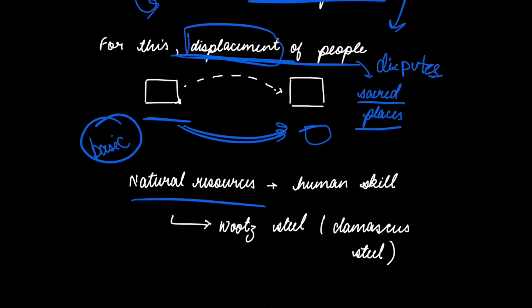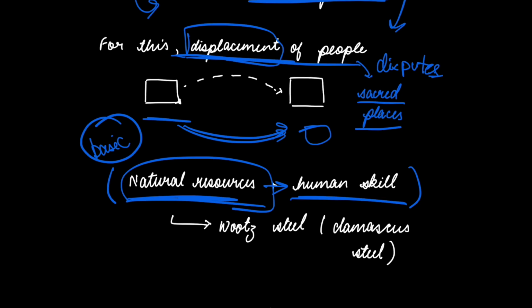So natural resources plus human skill will lead to the proper utilization of these resources. Even though you have natural resources, it does not mean that it is beneficial to you. You should also have the human skill. There should be the technologies for extraction and all these things for you to utilize these natural resources.